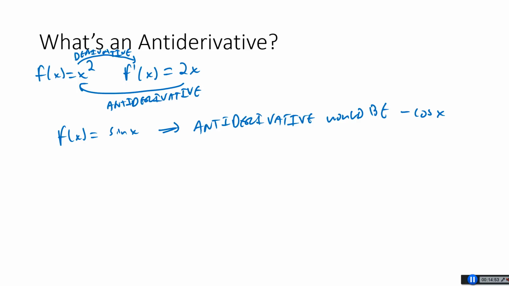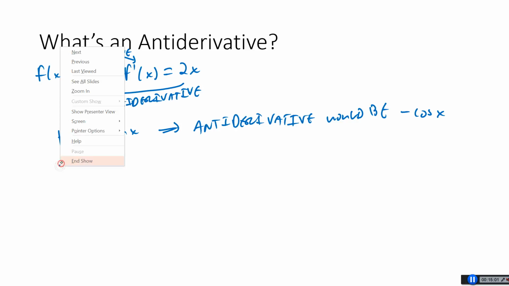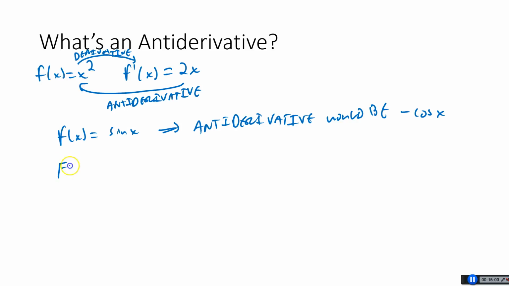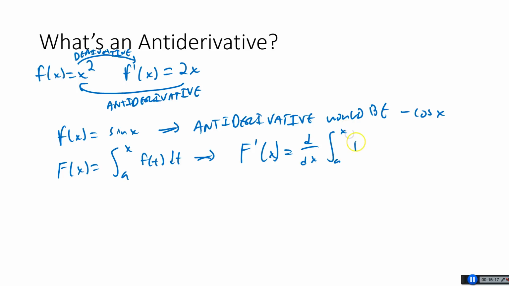So why is this important? Because let's think about what the fundamental theorem of calculus showed us, the first part. They told us that if capital F of x is defined as the integral from a to x of f of t dt, then F prime of x, which is the derivative of the integral from a to x of f of t dt, is equal to lowercase f of x.